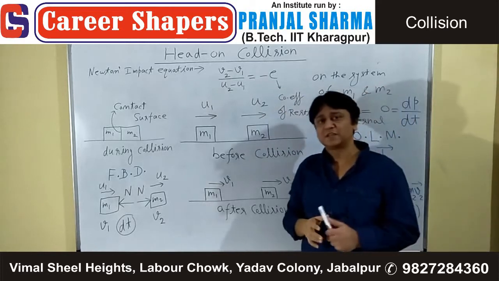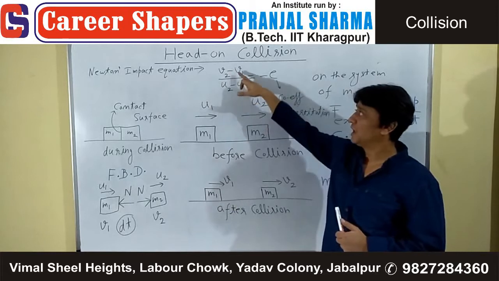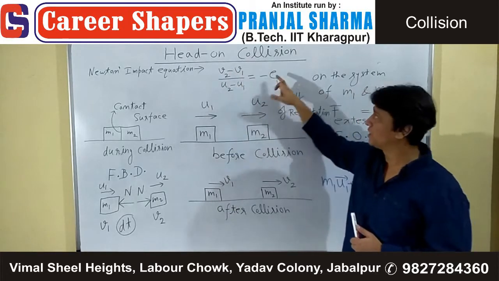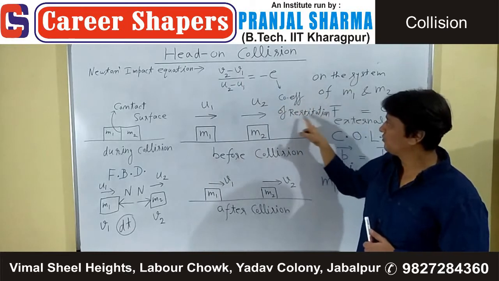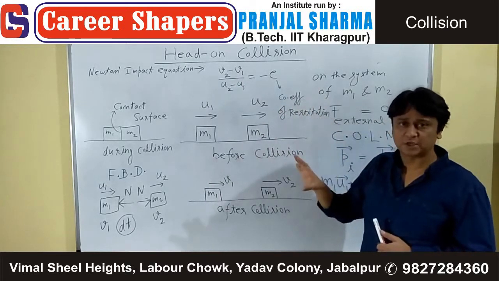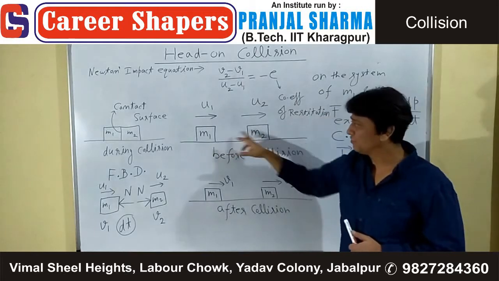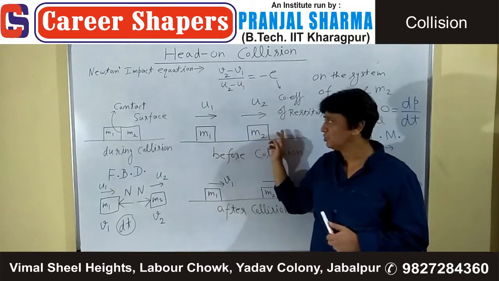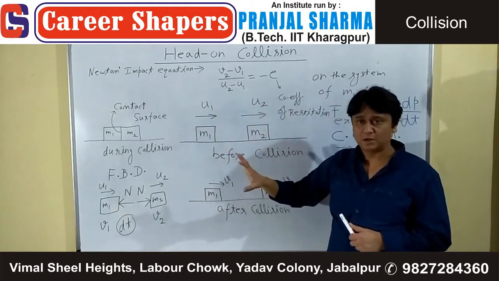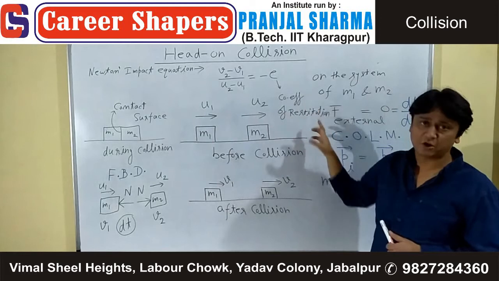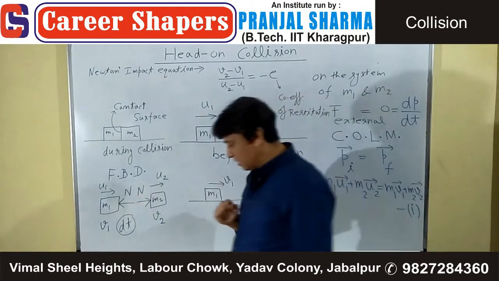Otherwise, if you simply take the ratio of magnitudes of relative velocities before and after, that ratio is a constant called coefficient of restitution, which is constant for a given set of objects. For M1 and M2, you can change U1, you can change U2, but E, the coefficient of restitution, will remain the same.